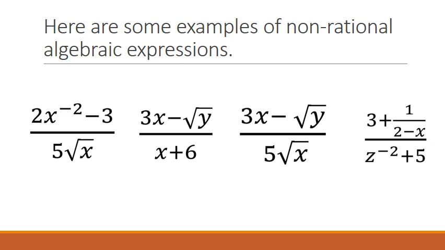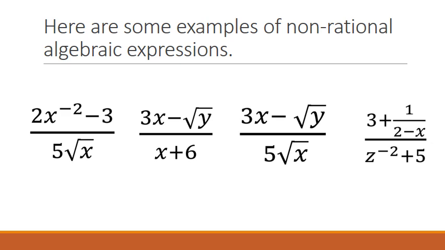Now, here are some examples of non-rational algebraic expressions. I have 4 examples here. First one, 2x raised to negative 2 minus 3 all over 5 square root of x.